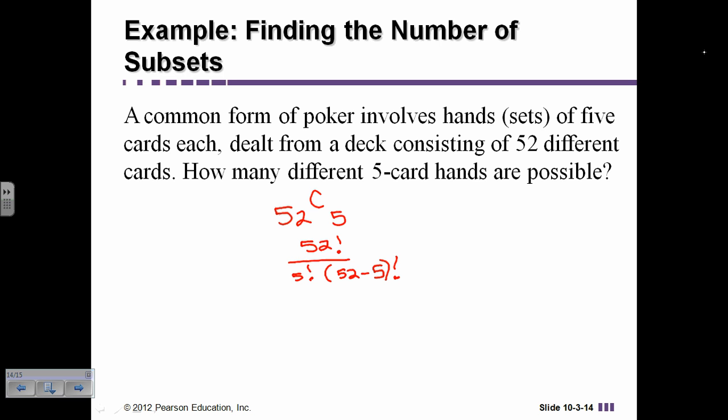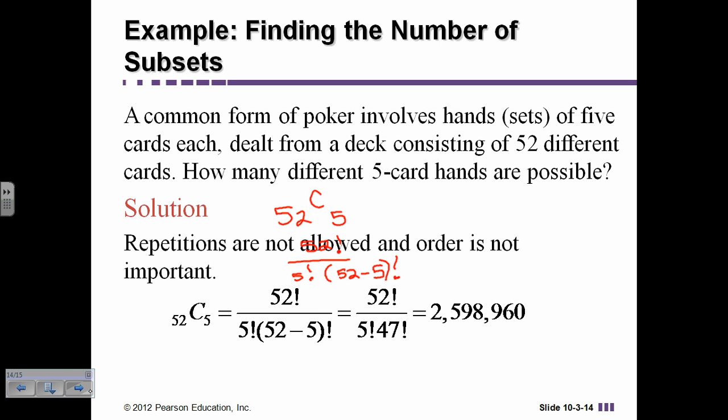So the number of possible combinations of hands that I could come up with would be 2,598,960 different combinations.